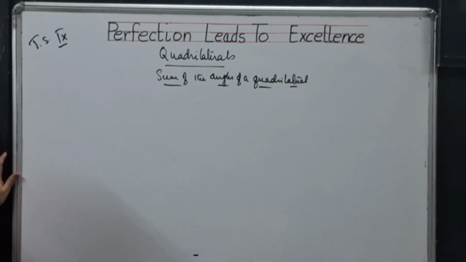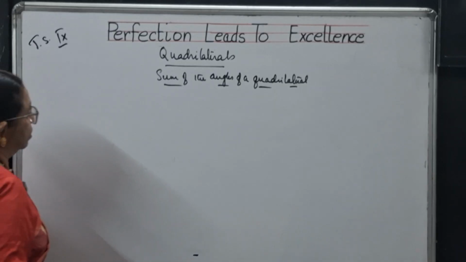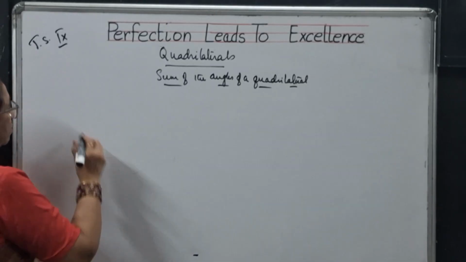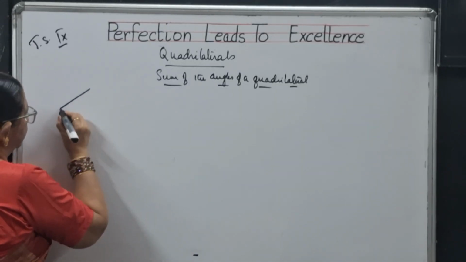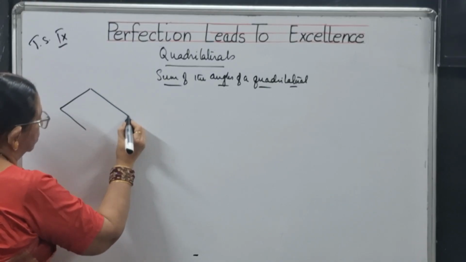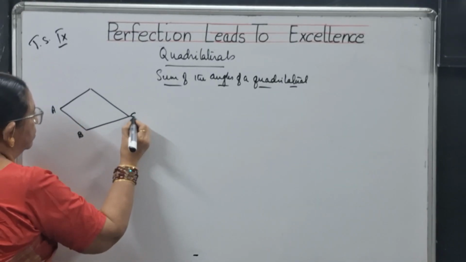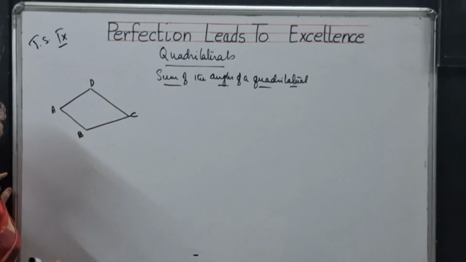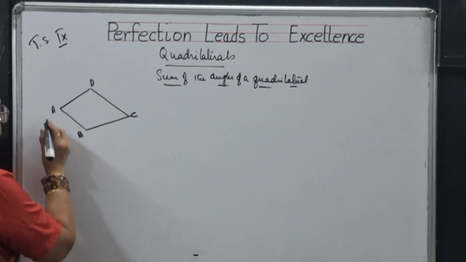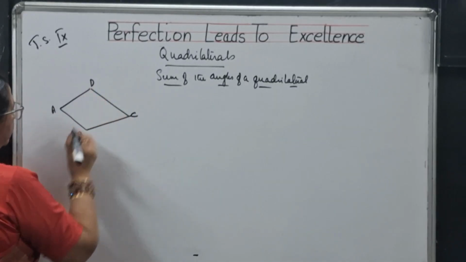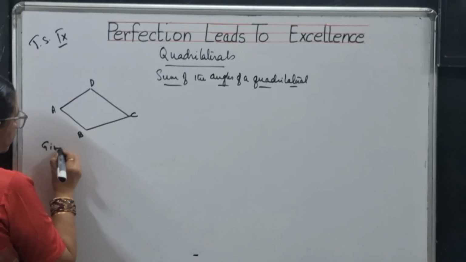Now let us find out the value of the sum of the angles of a quadrilateral. Suppose you have one quadrilateral ABCD. You want to know what is angle A plus angle B plus angle C plus angle D. So what is given to us?